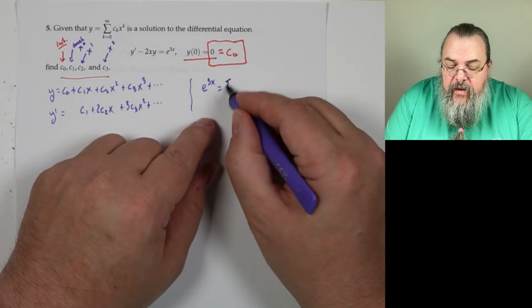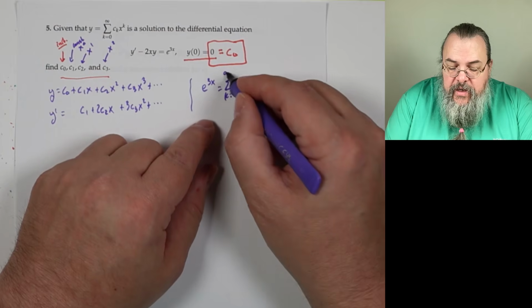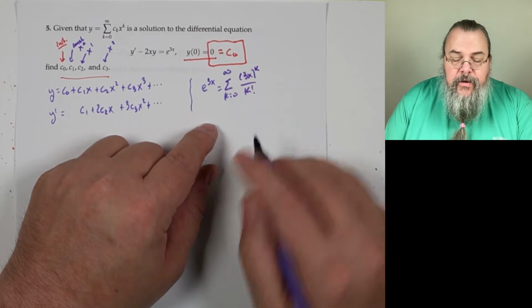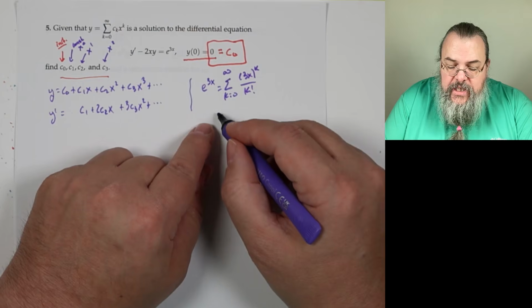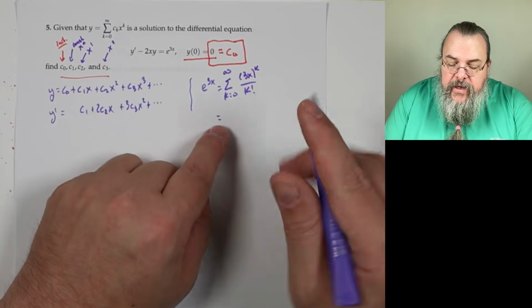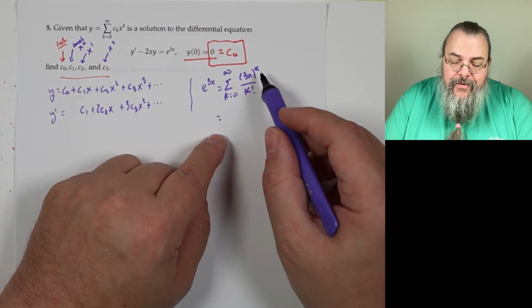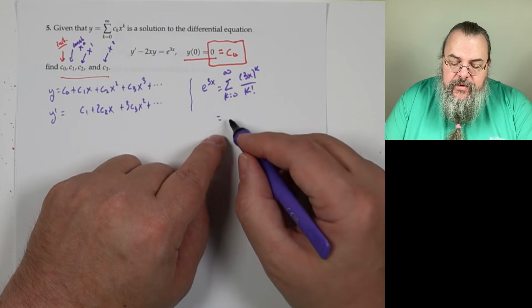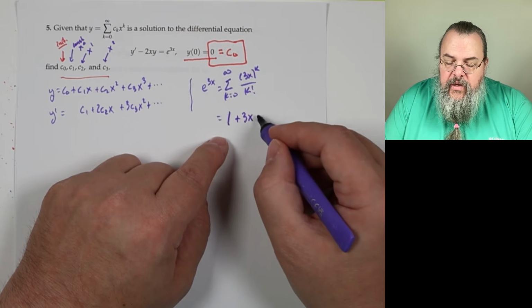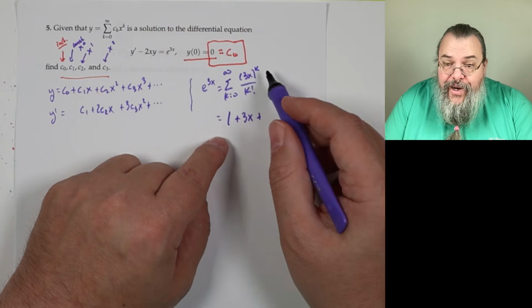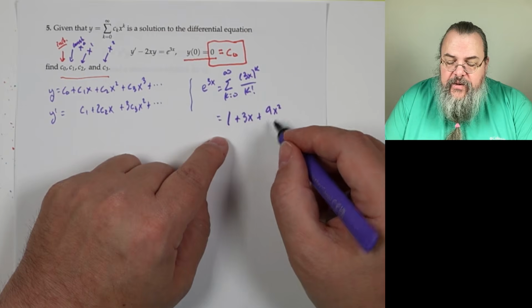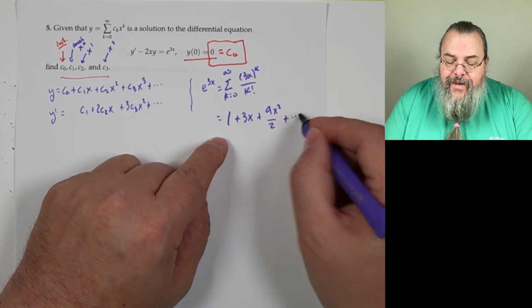We can write that as the sum from 0 to infinity of 3x to the k over k factorial. Which is, again, we only really need to get up through the quadratic term. Plug in k equals 0, you get something to the 0 over 0 factorial is 1. 3x to the 1 over 1 factorial is 3x. And then 3x squared, that's 9x squared. And then divided by 2 factorial is divided by 2, and dot, dot, dot.